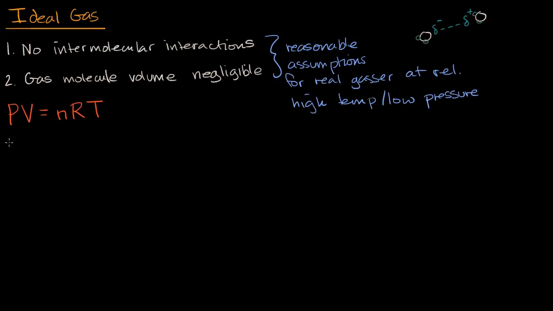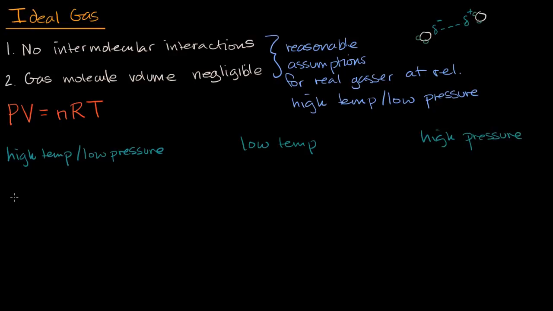The first, let me do it in this color right here: high temperature, low pressure. Then I'll do a case of low temperature, and then a case of high pressure. So first, why is it reasonable for real gases to behave this way at relatively high temperatures and low pressures?